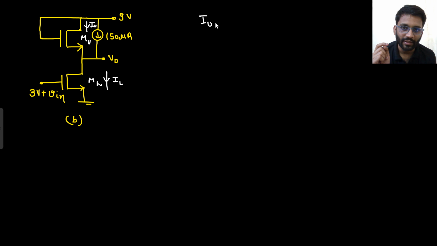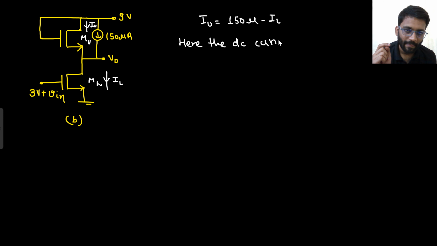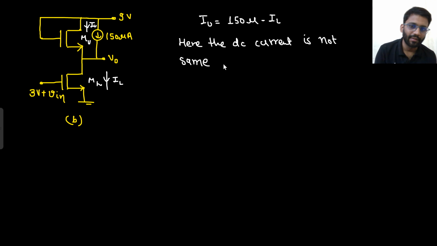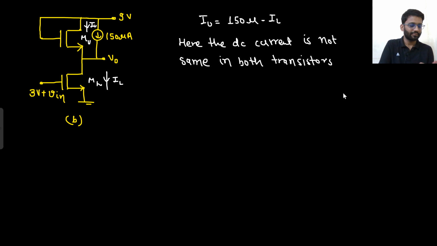So I upper would be 150 micro minus I lower. Here the DC current is not the same in both transistors, so gm will be different.